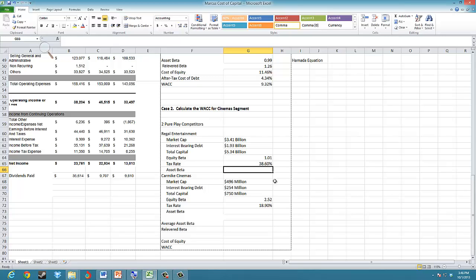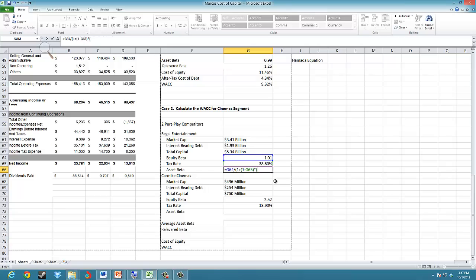So if we look at Regal Entertainment, the first thing we want to do is unlever their beta. So what we're going to do is, rearranging the Hamada equation, take their equity beta and divide it by 1 plus 1 minus the tax rate of 38.6% multiplied by their debt to equity.